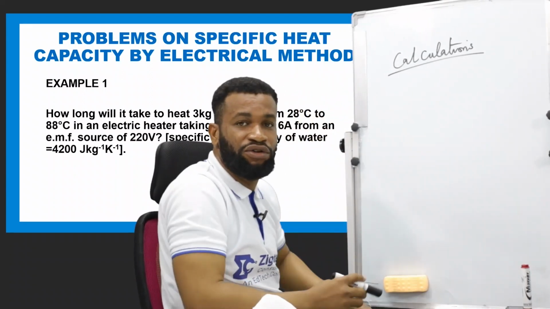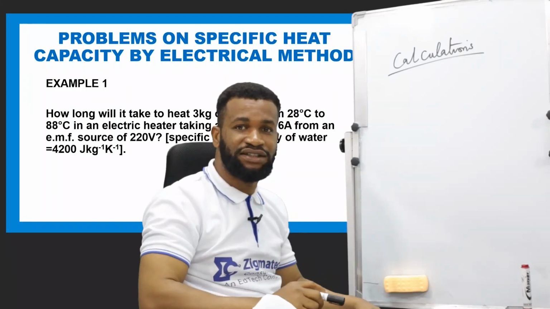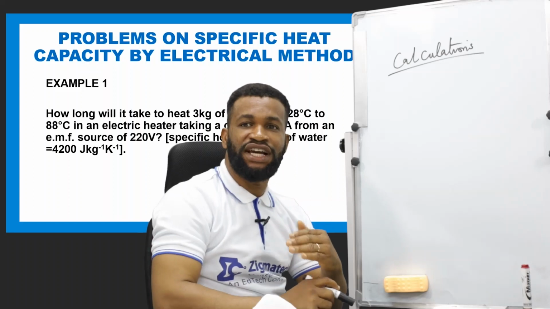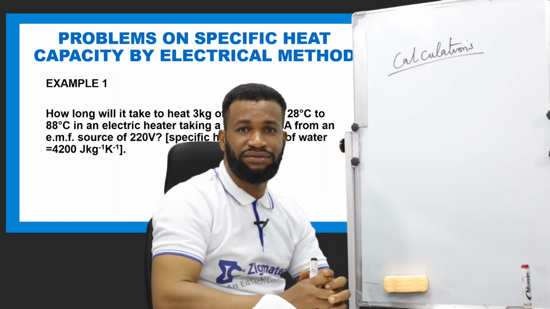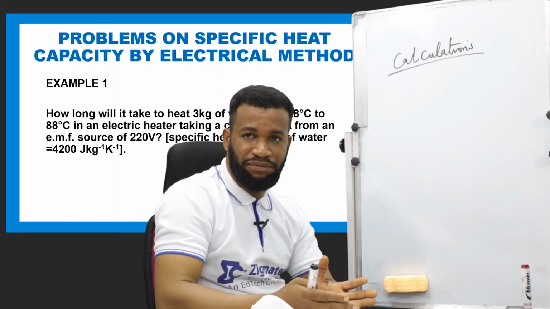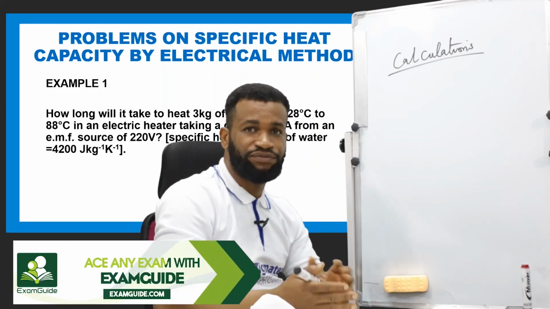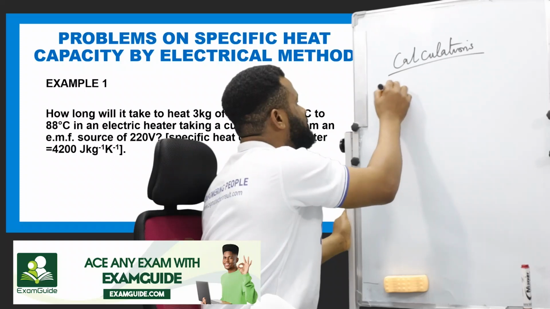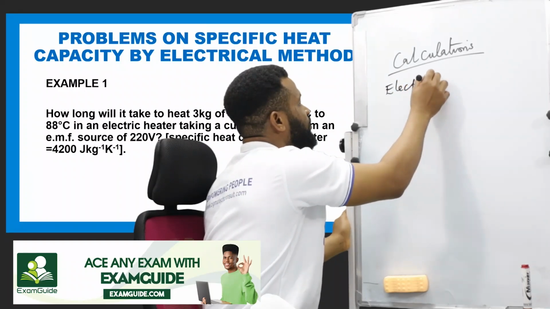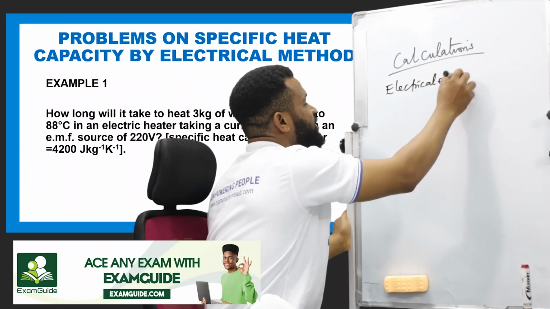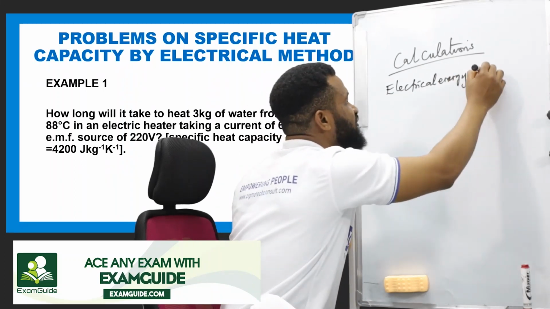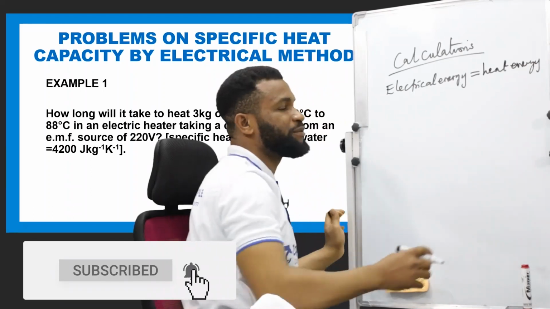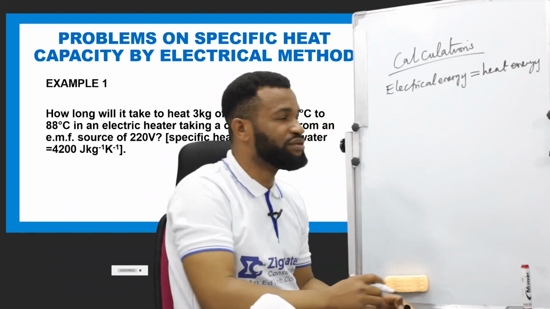In this case, we are going to consider the fact that the heater heated a quantity of water for a given time, which we don't know. Now, I know that electrical energy must be equal to heat energy. This is the basic principle guiding what we are going to do.